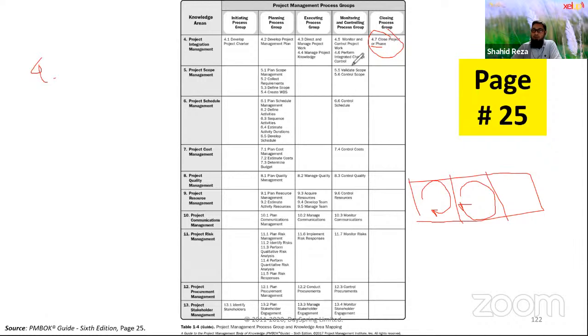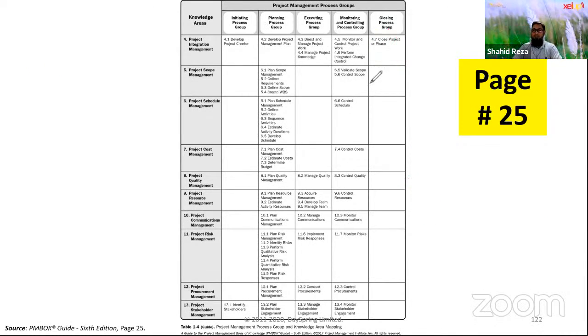That means these 5 process groups can be in a single phase, not that in the total project these 5 process groups will happen only once. It can repeat. So if you are doing a big project and you have divided it into different big phases, then these 5 process groups can happen independently for different phases.